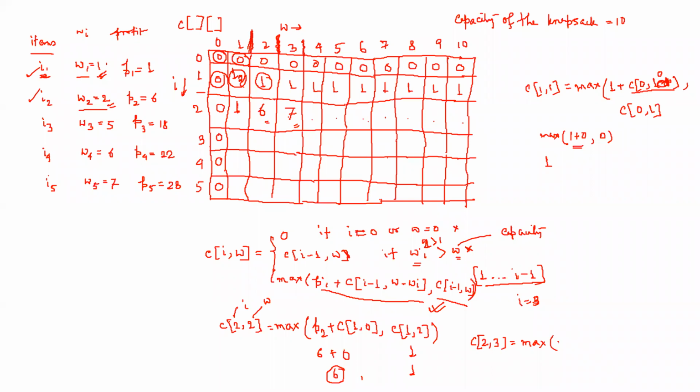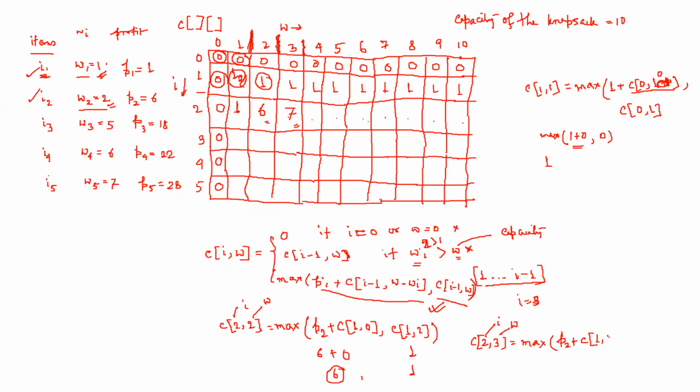Here I equals 2, this is I and this is W. So Pi equals P2, plus C, the cost we have calculated up to the I minus 1th item, so C1, and Ci minus 1 comma W minus Wi.